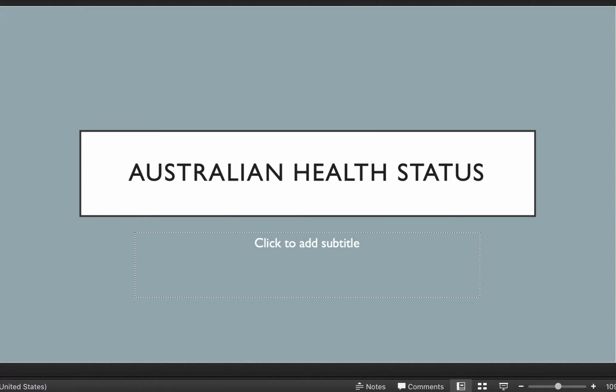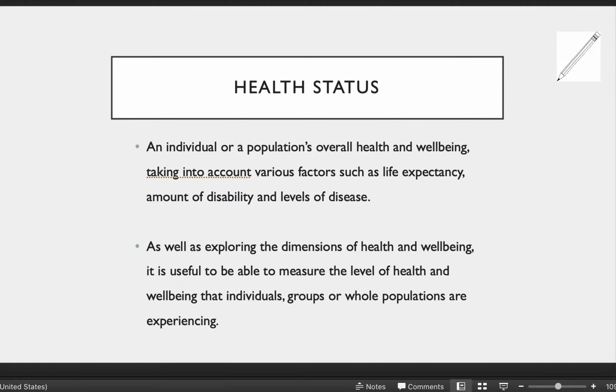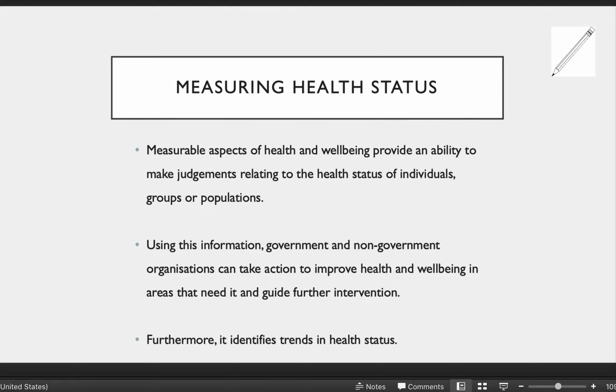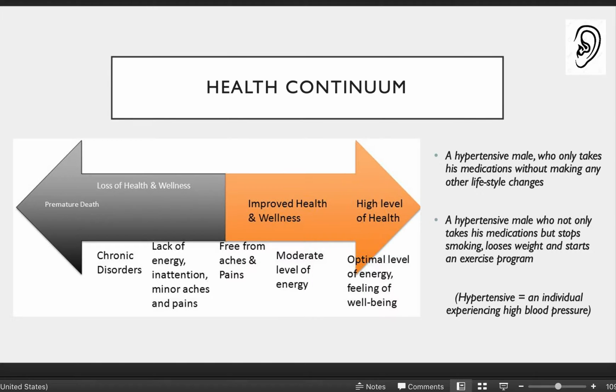Let's have a very quick flip through. First thing we did was look at the definition of health status. The next thing we did was talk about wanting to measure the status of health within individuals and populations. Then we said we want to plot somebody's health status upon a continuum. Somebody is not just healthy or unhealthy.